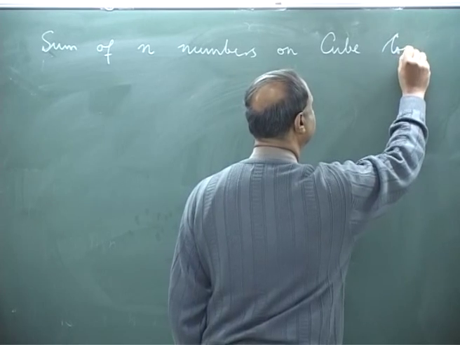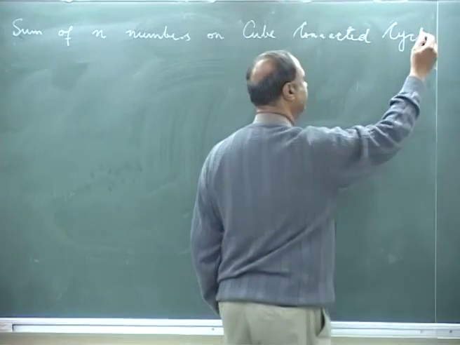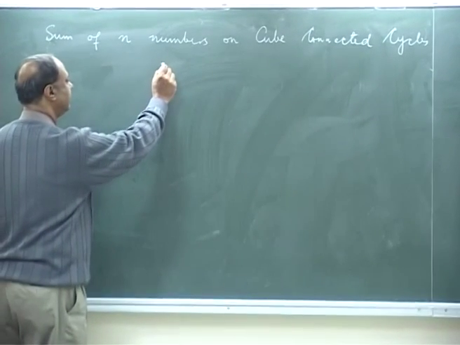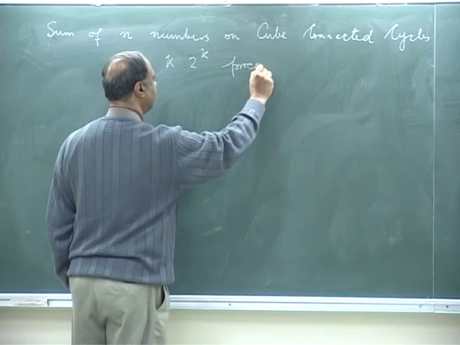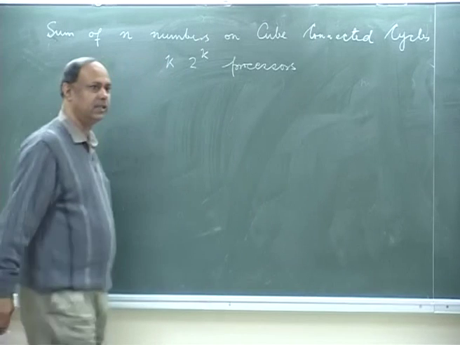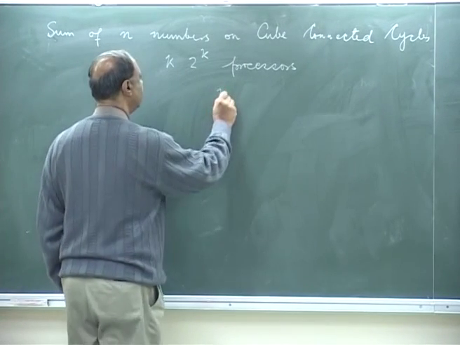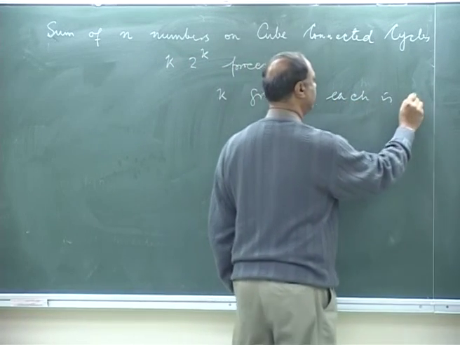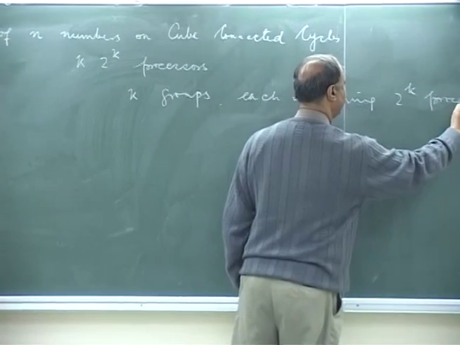Cube connected cycle. If you remember, in the cube connected cycles you have k into 2 to the power k processors, and you divide them into k groups, each having 2 to the power k processors.